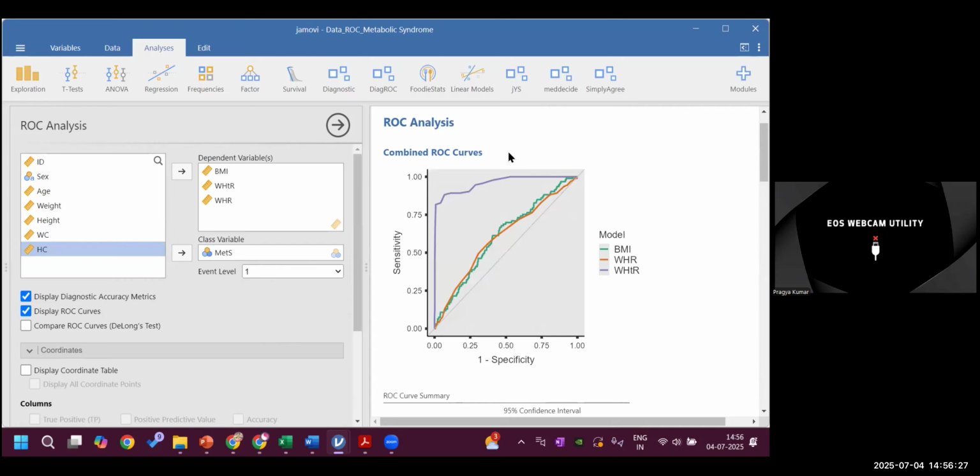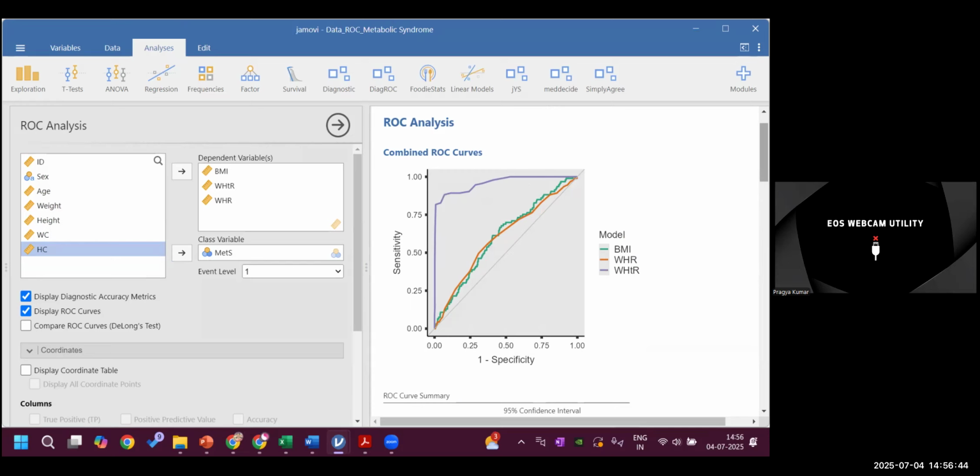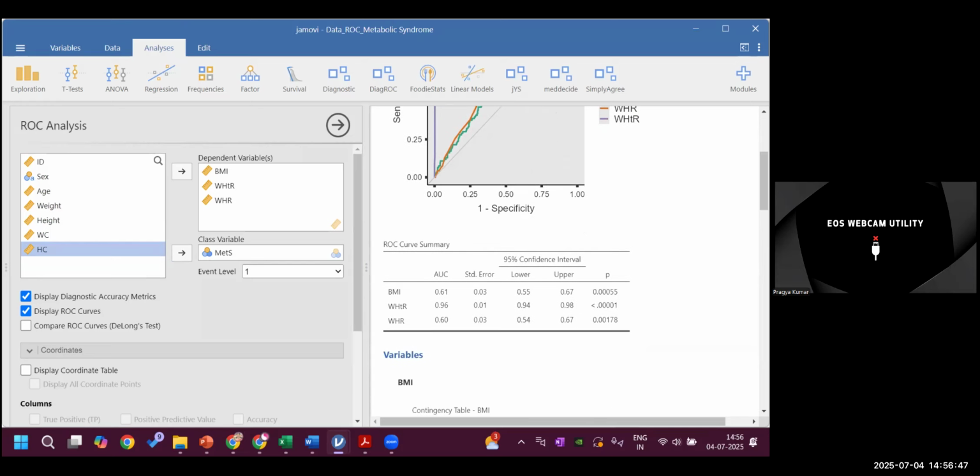So these are the 3 ROC curves. If you see, this blue one is for waist height ratio. That is the best one because it is at the upper top corner. These other two, both the BMI and waist hip ratio, do not have a very good curve. And it gives you the AUC.